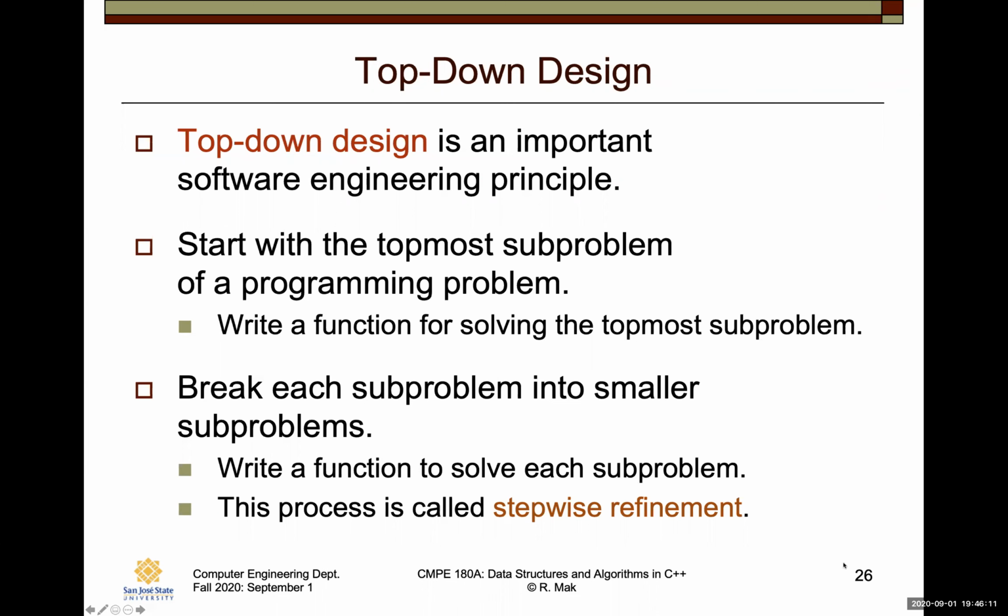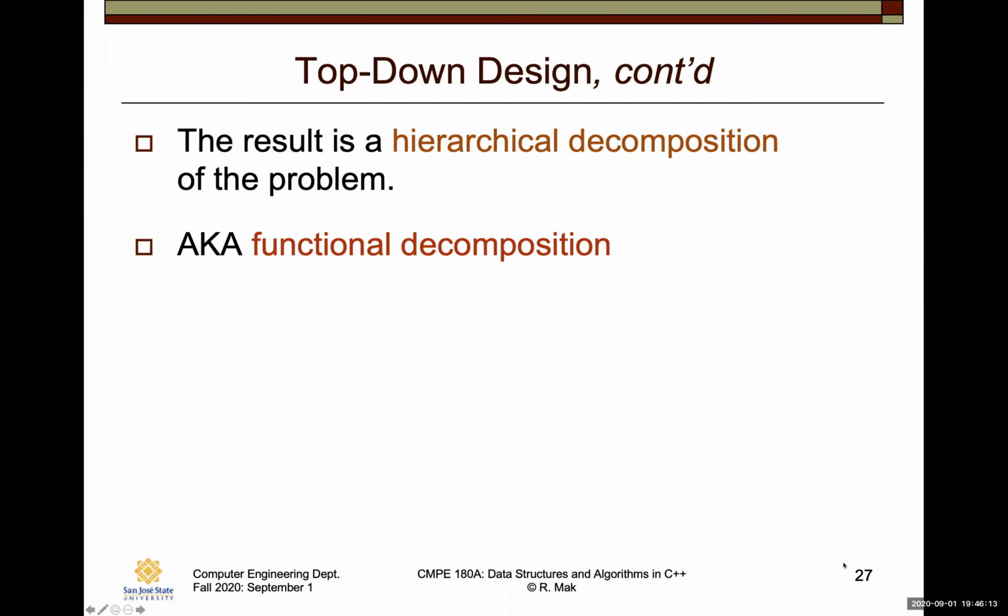When you do top-down design, you end up with a hierarchical decomposition of the problem, also known as a functional decomposition. Basically, you take a complicated problem and break it up into hierarchical parts, and you work your way down from the top.